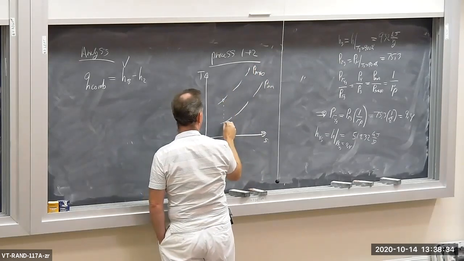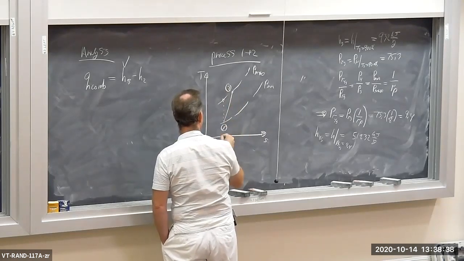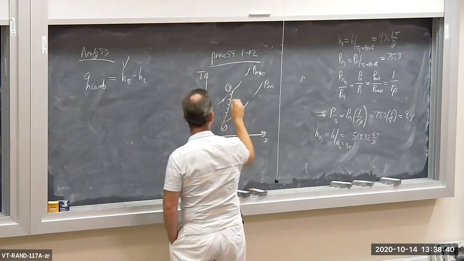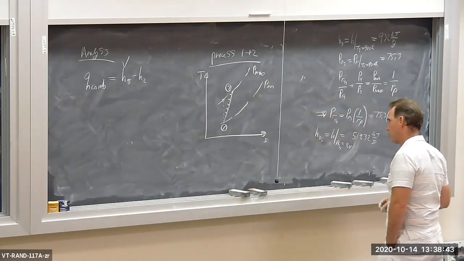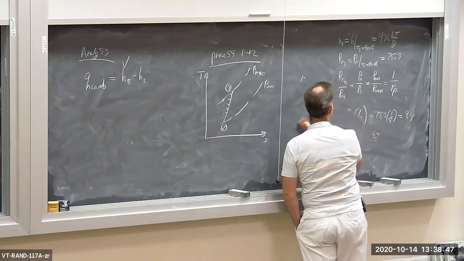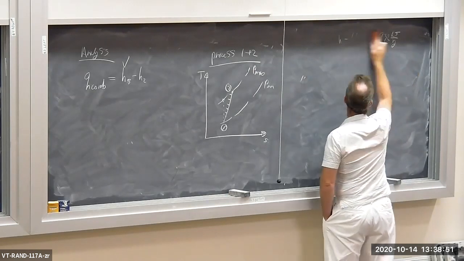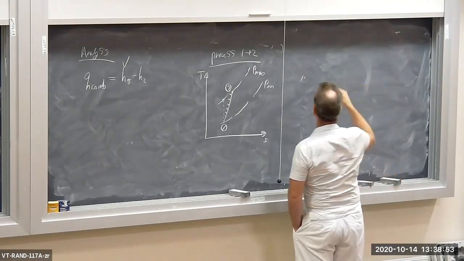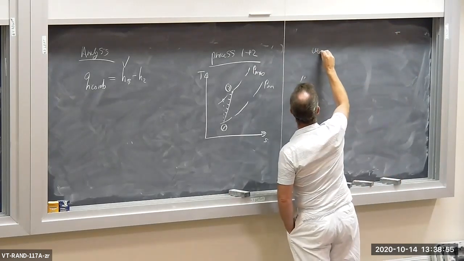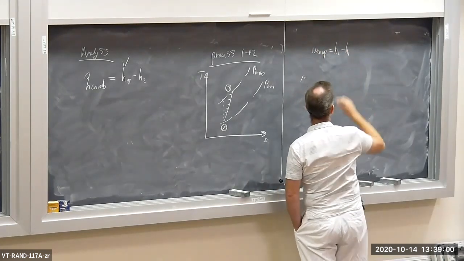Here's the isentropic process. Here's the real process in the compressor. And if I apply the energy balance, I get W compressor is equal to H2 minus H1.